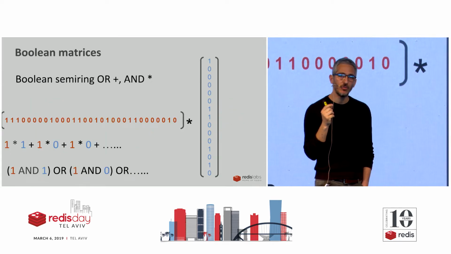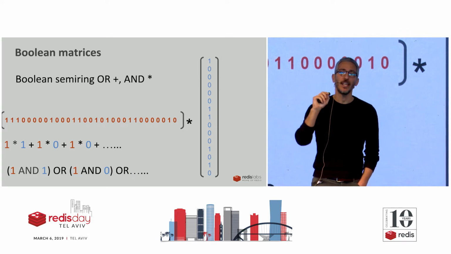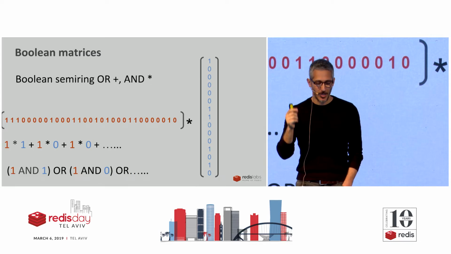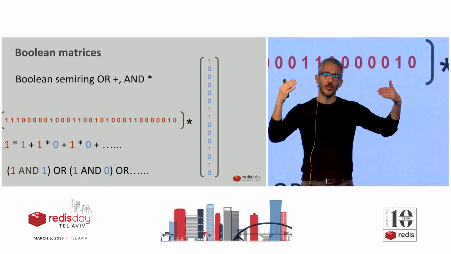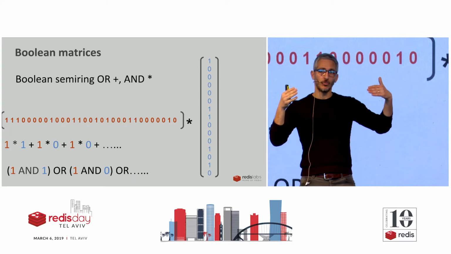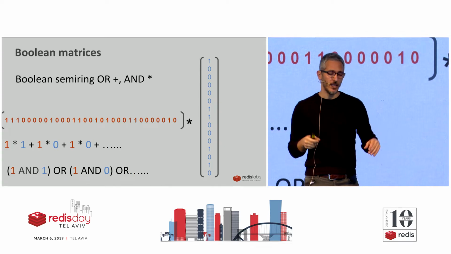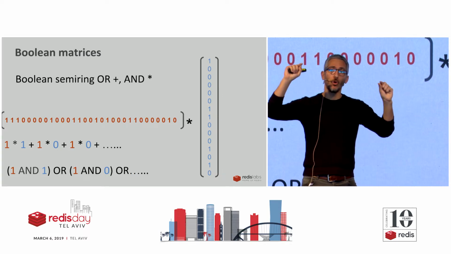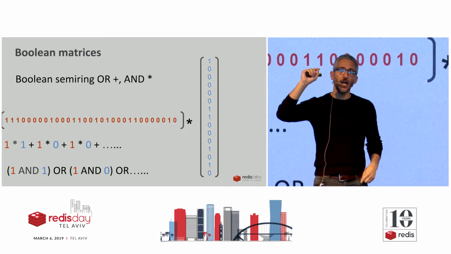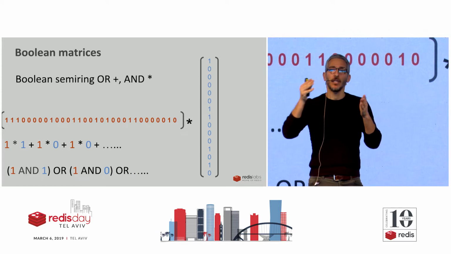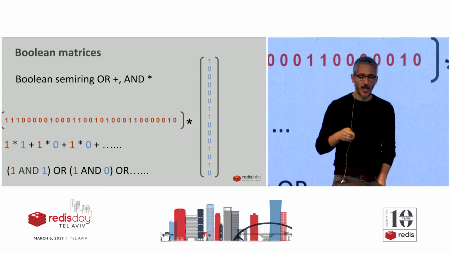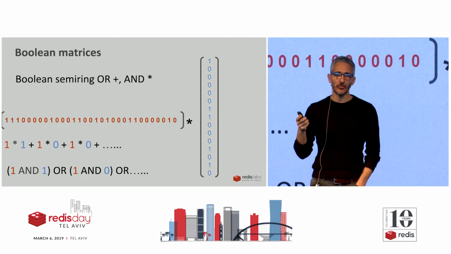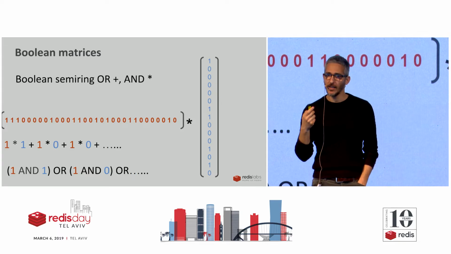Redis graph is using Boolean matrices. So the values that you would see in those matrices are ones and zeros. And so if you recall, if you're trying to multiply two vectors, this is a dot product. The way that you would do that is you're taking entry at position I from vector A, and you multiply it by entry I of the second vector, and you're just summing up those multiplications. And if you have really long vectors with millions of entries in them, this computation can take a while.